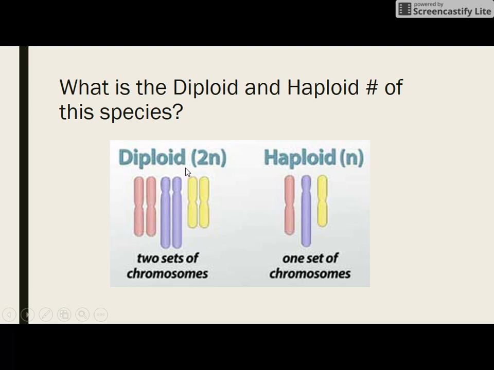That's its diploid number. Its haploid number is 1, 2, 3. So it makes sense. 3 is half of 6. So diploid is 6, haploid is 3. And also pay attention that the haploid consists of 1 chromosome from the homologous pair.